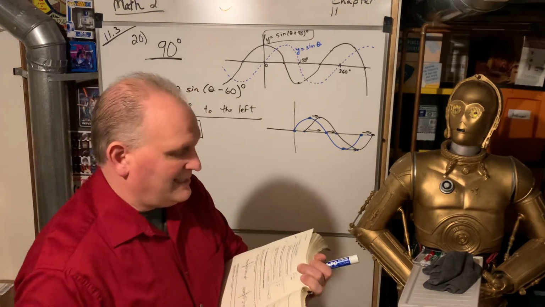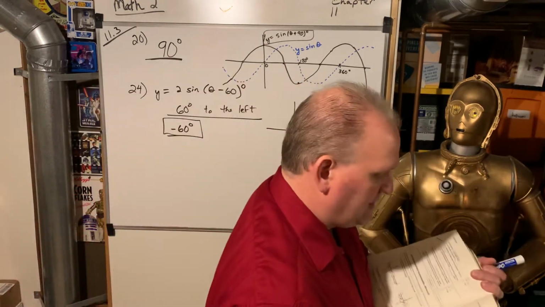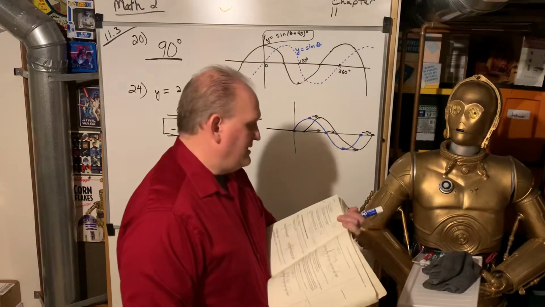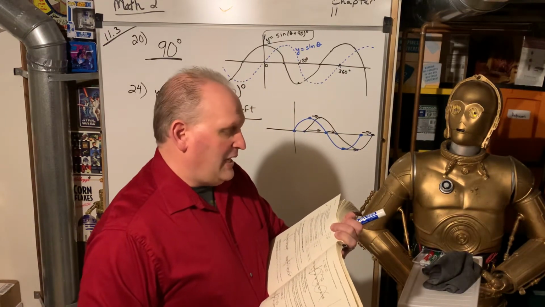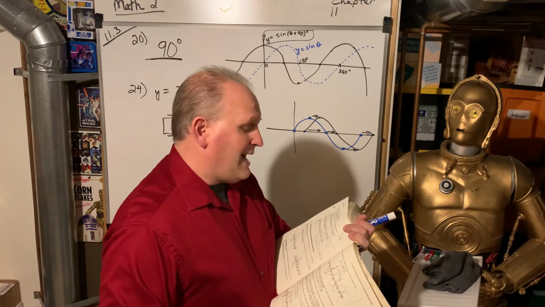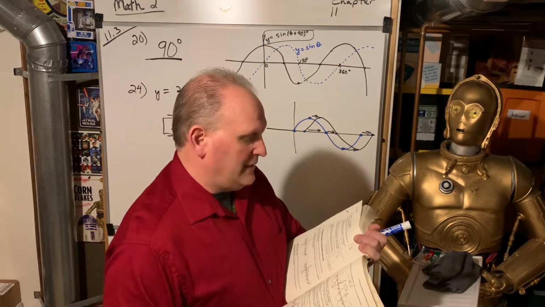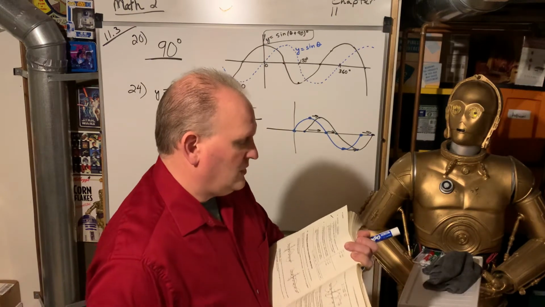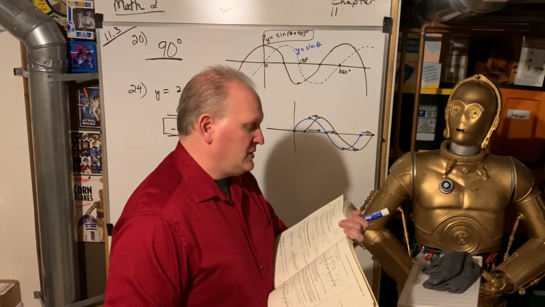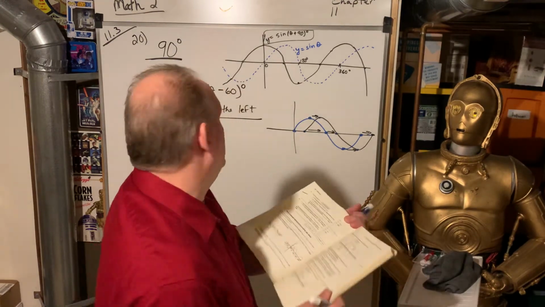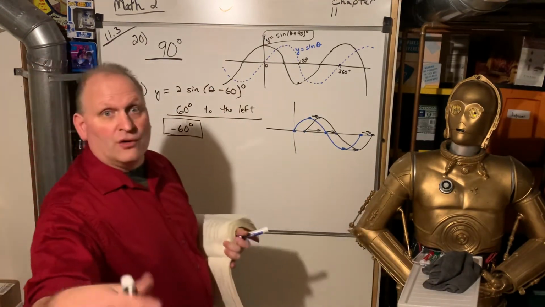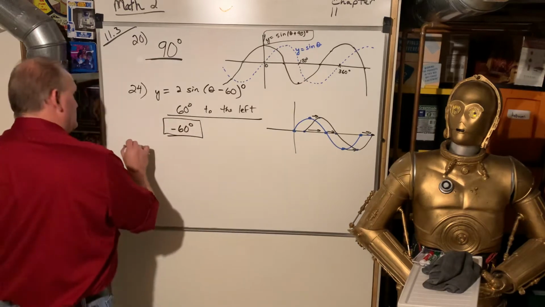See, I hate that they do it that way, right or left. So on the test, when we do these, I don't know that I'm going to ask you to do that. I might have you graph one and you won't have to tell me right or left. Or I might ask for the phase angle, but I won't hold you to a way because I really don't like how they explained it like this. I'll go over that more during the review so that you're on board.